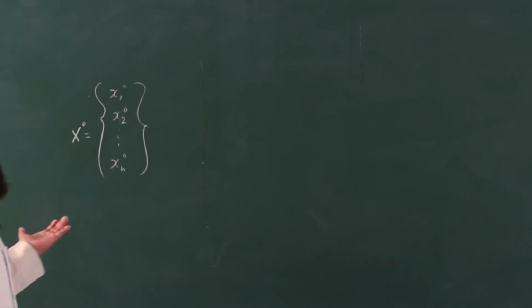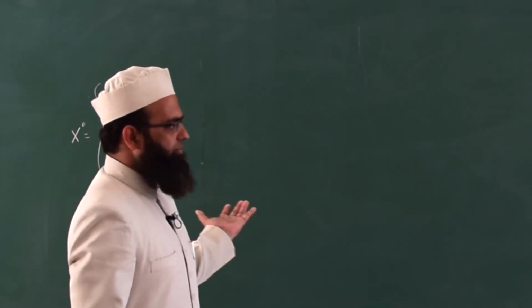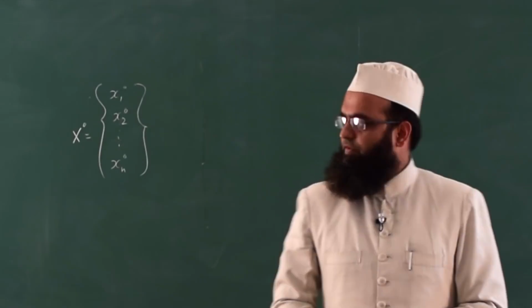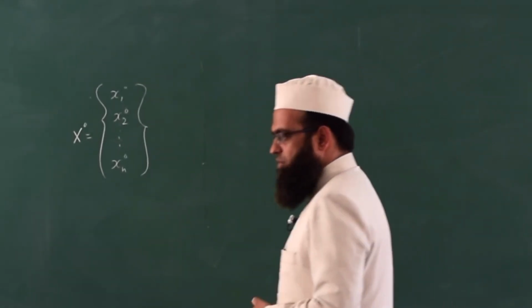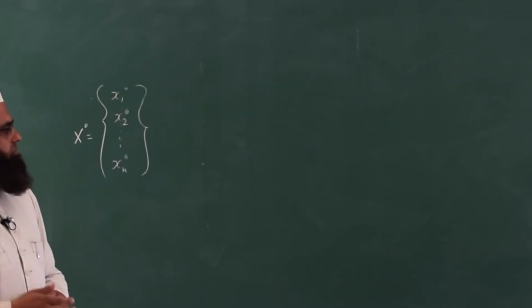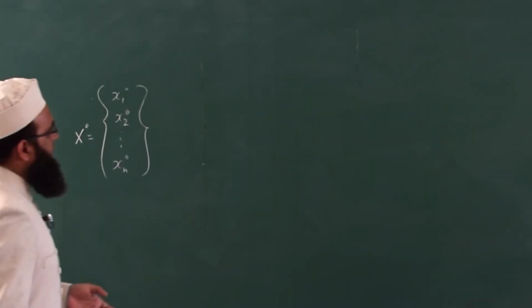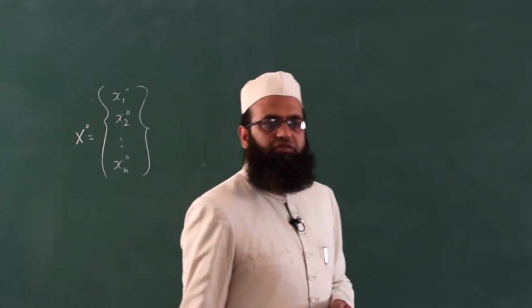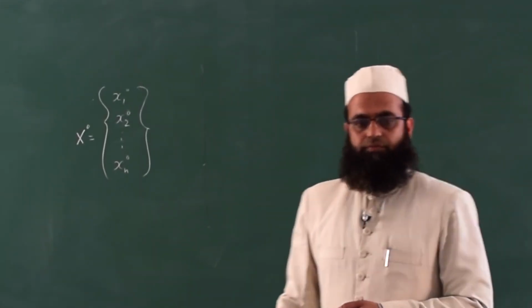The initial guess may not be feasible, but at least we have to consider values which are close to the solution. We can guess it. Once the corrections are added to the initial guess, we will get the solution.